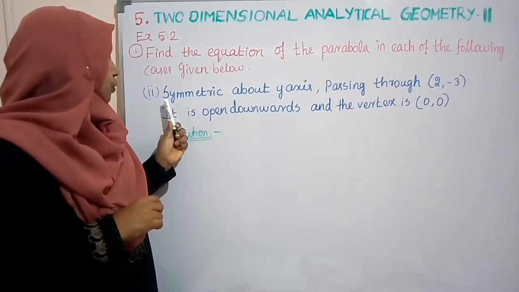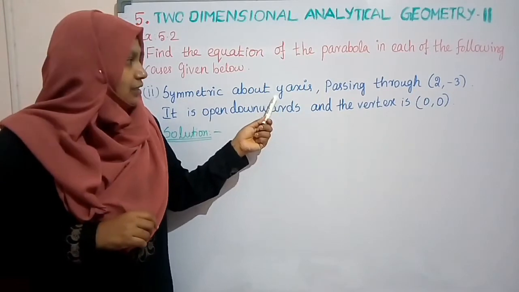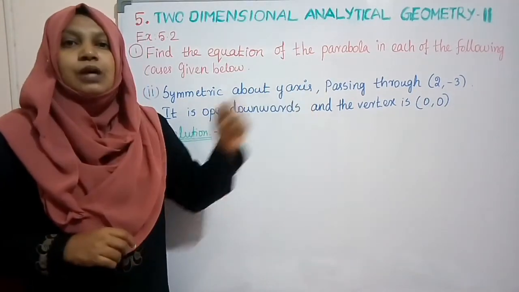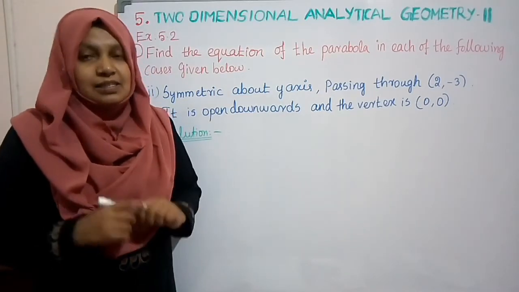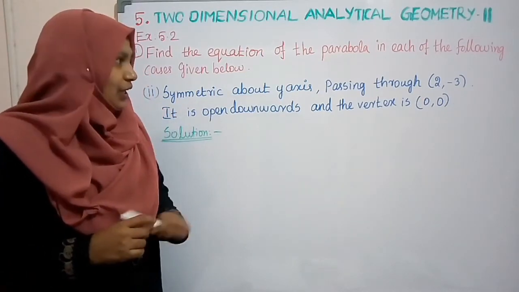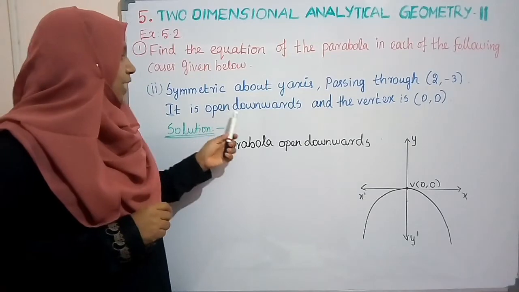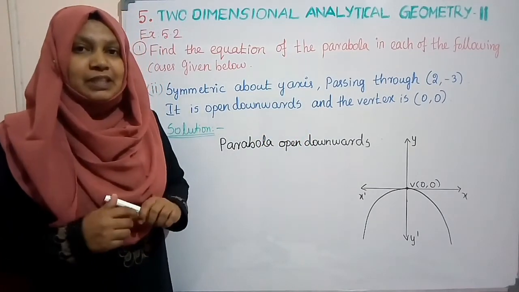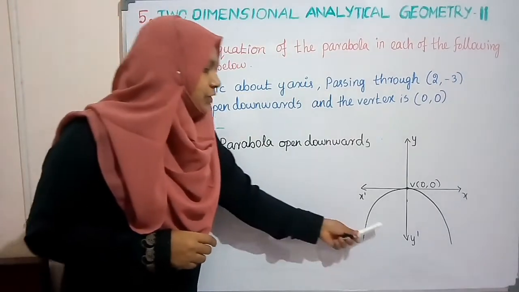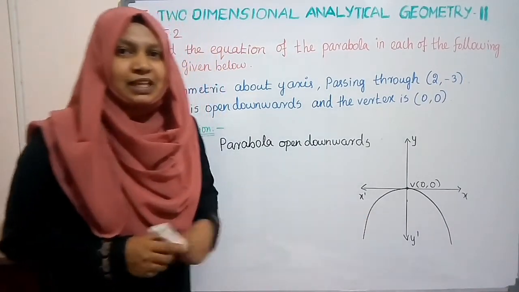See subdivision 2, symmetric about y-axis, passing through 2, minus 3. It is open downwards and the vertex is 0, 0. See here it is given parabola opened downwards. So how will you remember the equation? Open downwards means negative side of y-axis.